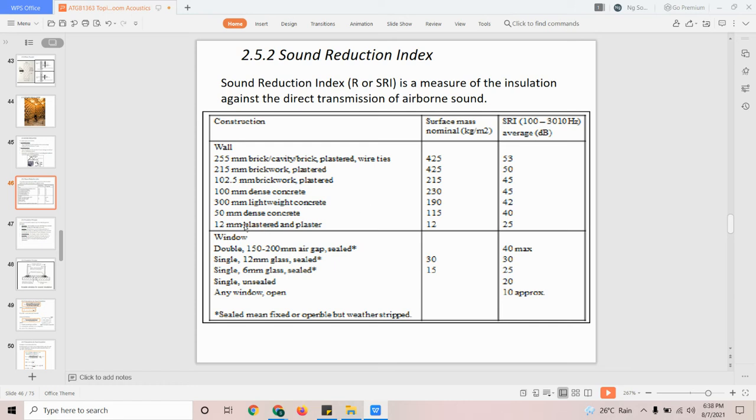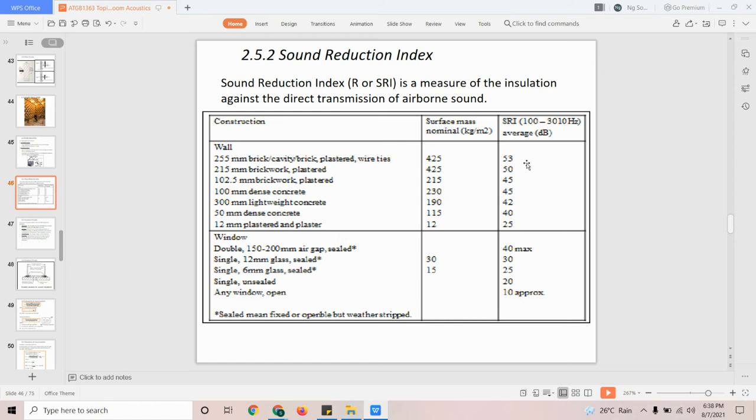You'll notice that depending on the configuration, we have three types here. The first configuration is for a wall which has a cavity and brick. This means there's a brick layer, then a cavity layer, and then another brick layer, meaning it's a triple layer wall. After that they have plaster, and there are some wire ties.